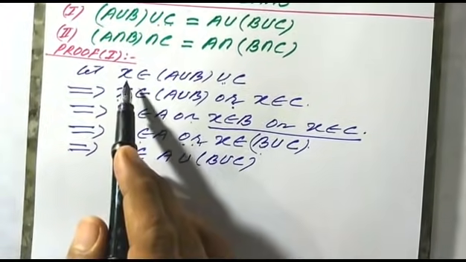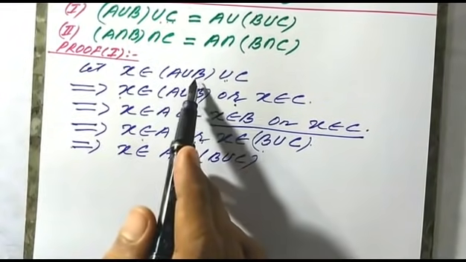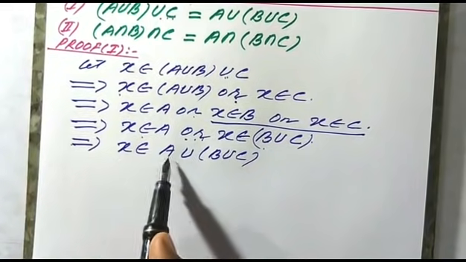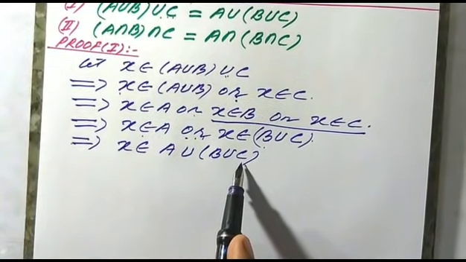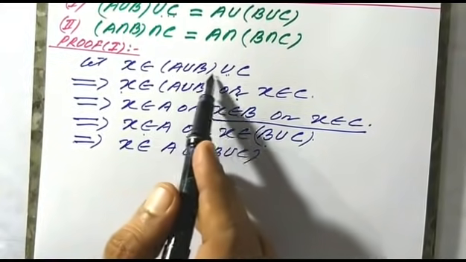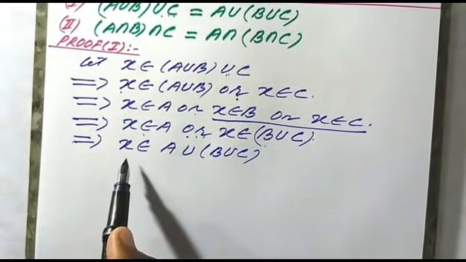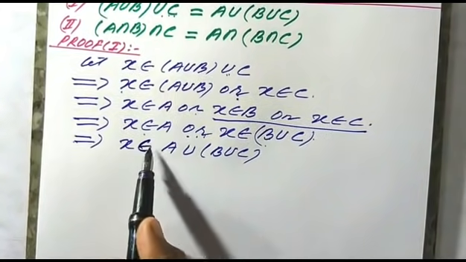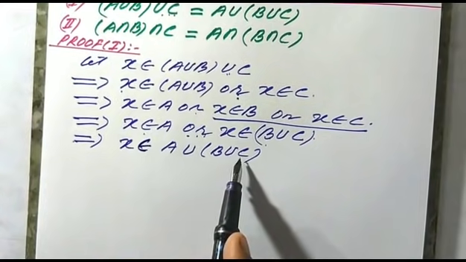So taking an arbitrary element from (A union B) union C, we have proved that X belongs to A union (B union C). That means if X belongs to (A union B) union C, it must belong to A union (B union C).